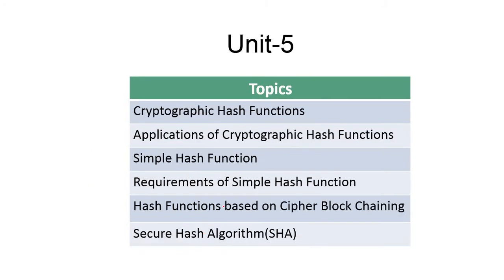So let's see some highlights about our earlier session. Till today we have discussed unit number 5, cryptographic hash function and applications of cryptographic hash function. In this we have discussed the hash table also.